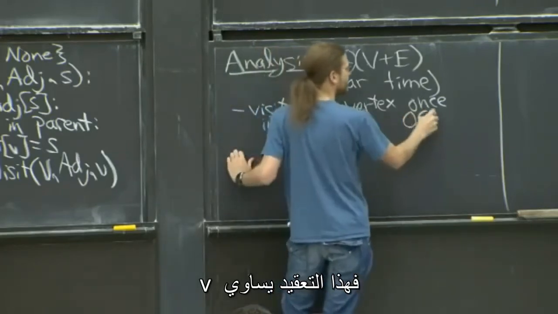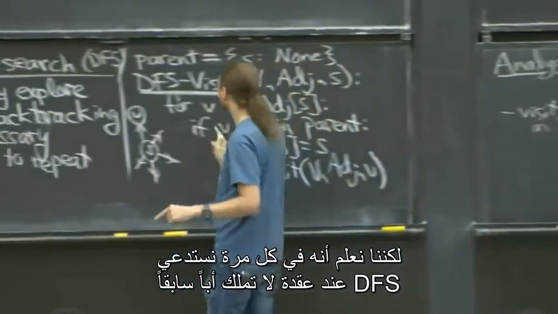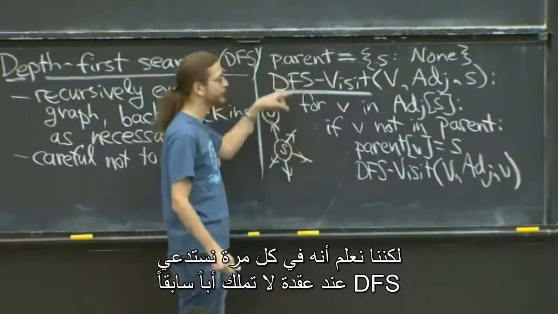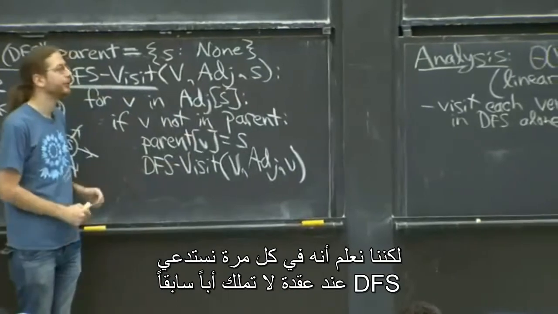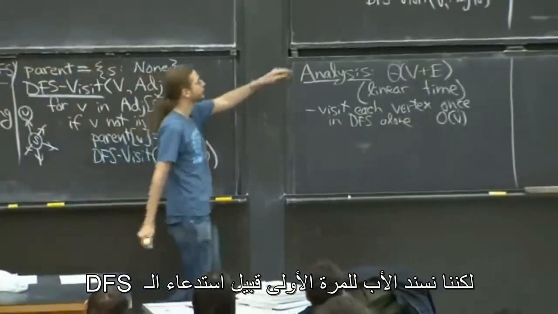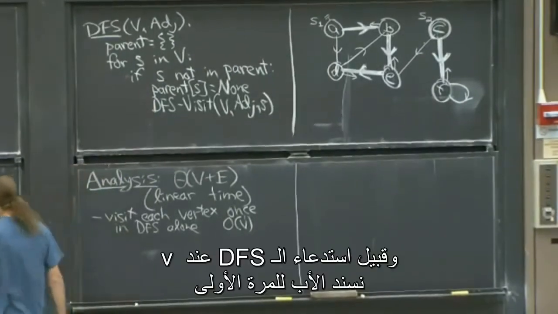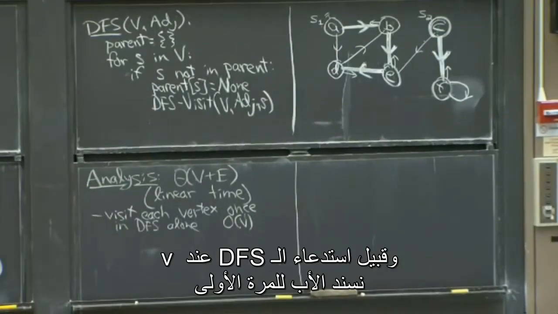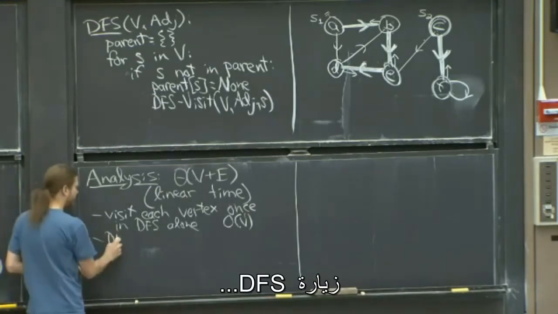So that's order V. Then we have to worry about this recursion. But we know that whenever we call DFS visit on a vertex, that it did not have a parent before. Right before we call DFS visit on v here, we set its parent for the first time, because it wasn't set before.